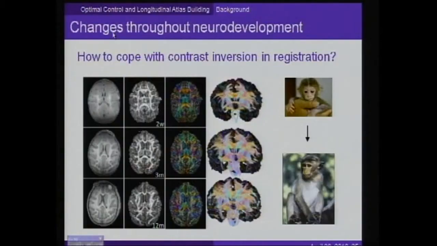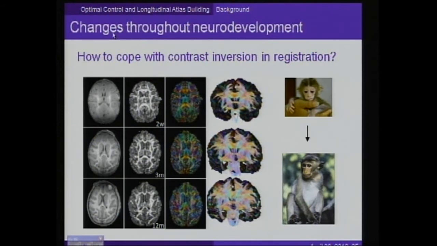One reason is if you would do this on structural MR images over time in neurodevelopment, then you run into a problem that's called contrast inversion. So just to describe what you see here, in the left column you see a structural MR image at 3 different time points, 2 weeks, 3 months, and 12 months of a macaque. And in the middle column and the right column, you see images that were obtained from diffusion-weighted MR imaging.